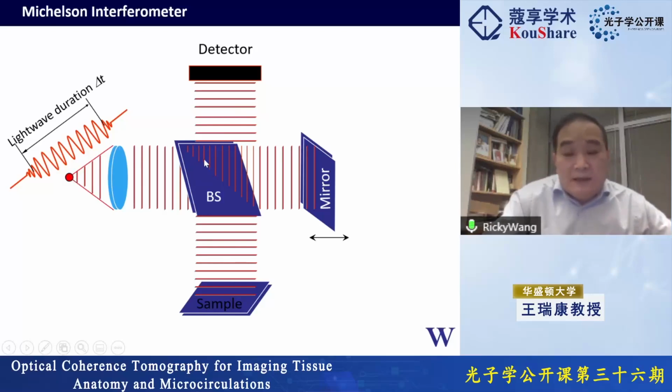The second element is a beam splitter that can split the light into 2 portions, okay? The third element is a mirror, a reference mirror, that bounces the light back into this beam splitter. And the fourth element is the detector. The detector is used to detect the light oscillations bouncing back from the system, okay? And so this is the system.